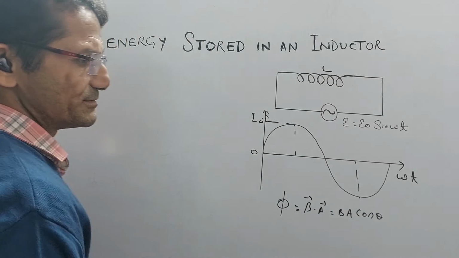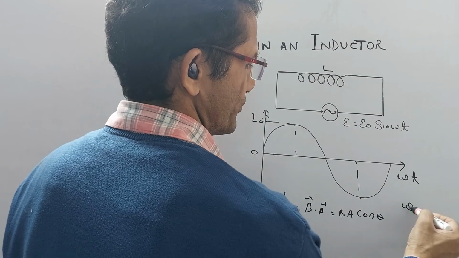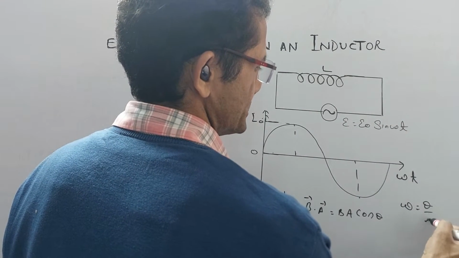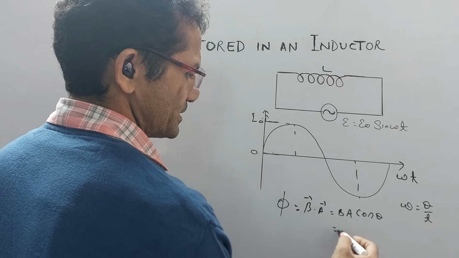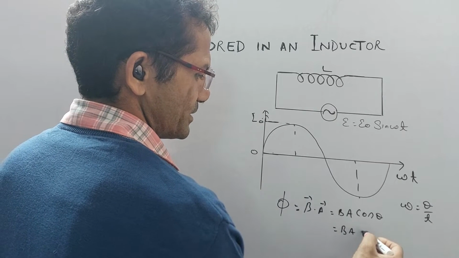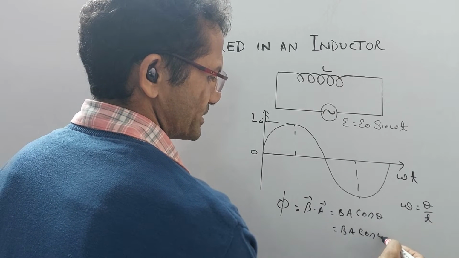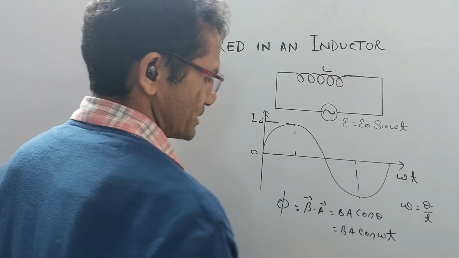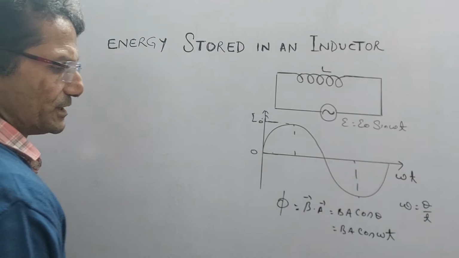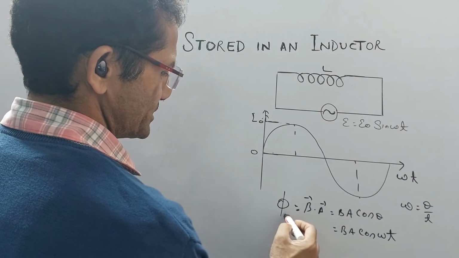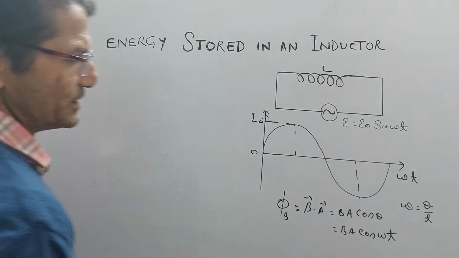Since omega equals theta divided by t, this becomes BA cos omega t, where omega is the angular frequency. This is our magnetic flux, generally represented as phi B.